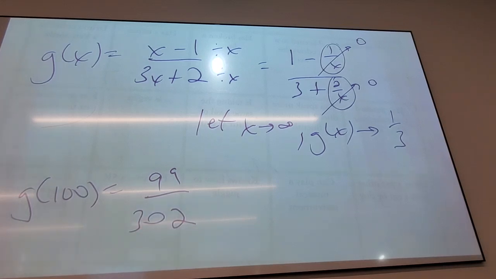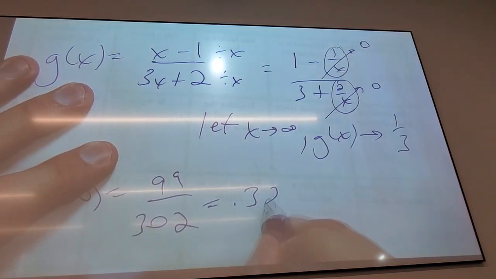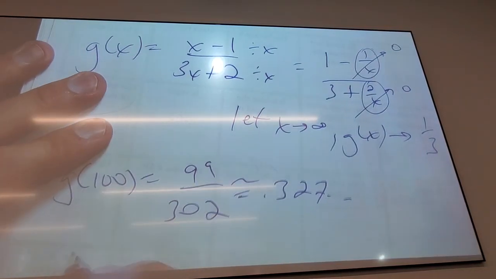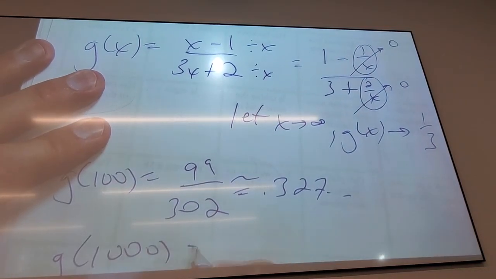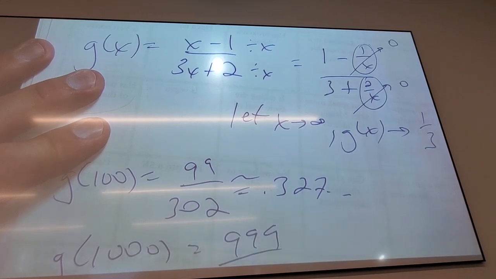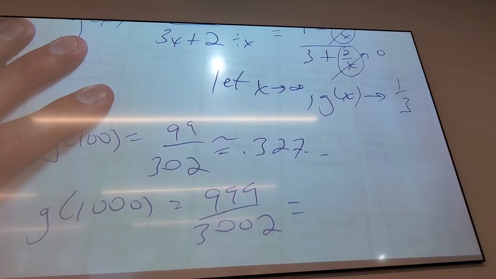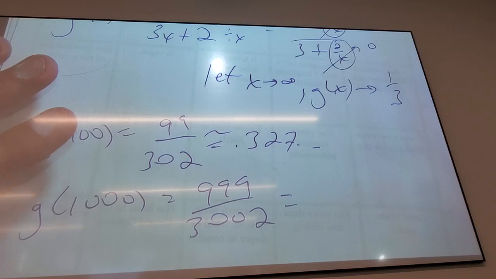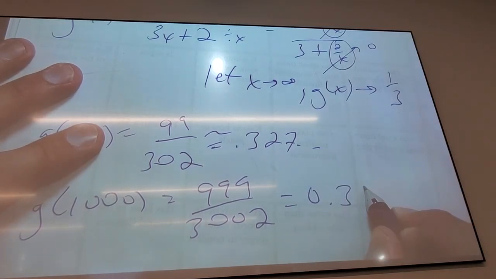Anybody got a calculator? I haven't gotten my calculator implant yet, so I can't do this. 0.327. Roughly 0.327? Okay. So g of 1,000 would be 999 divided by 3002. What's 999 divided by 3002? 0.332.